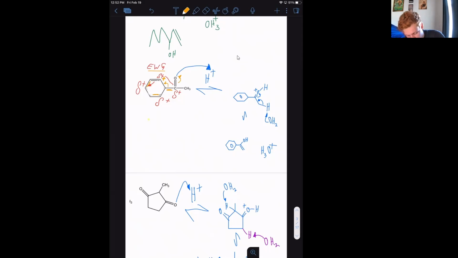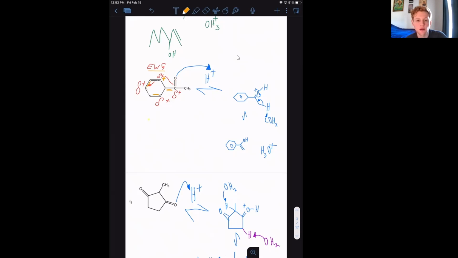So actually, before we got to this point, this should have gone out and hit an alcohol to make it like this. And that actually muddies the water even more, as if it's not already muddy enough.